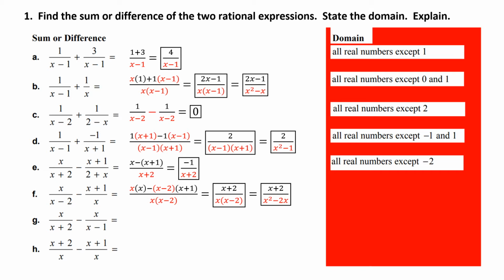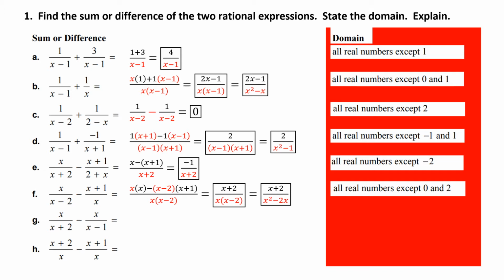When we FOIL x minus 2 and x plus 1, we're going to get x squared minus x minus 2. When we subtract those, the x's drop out. We're going to get a positive x and a positive 2. And I think leaving the denominator factored helps us to see that the domain can be anything except for 0 or positive 2.